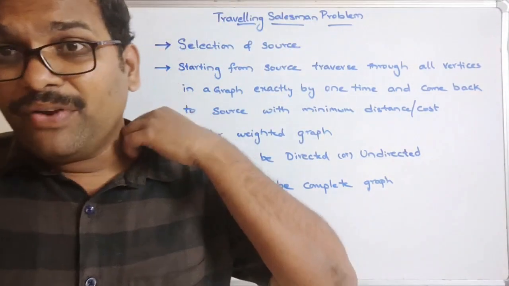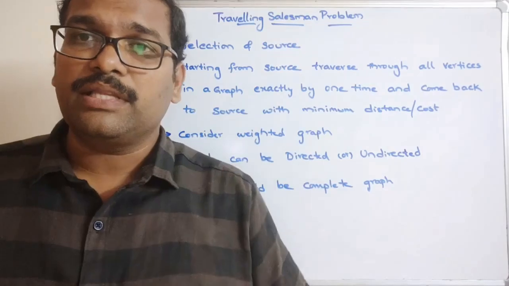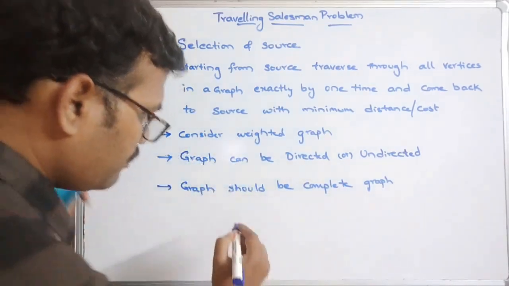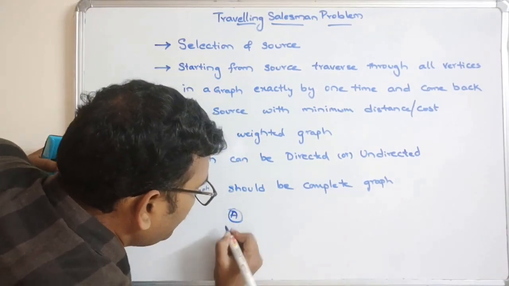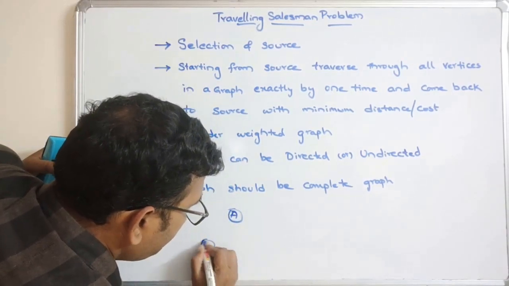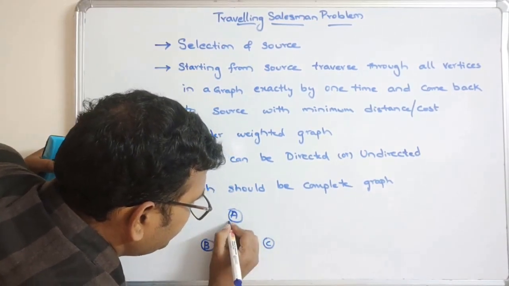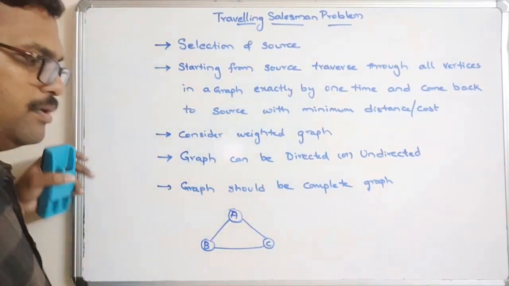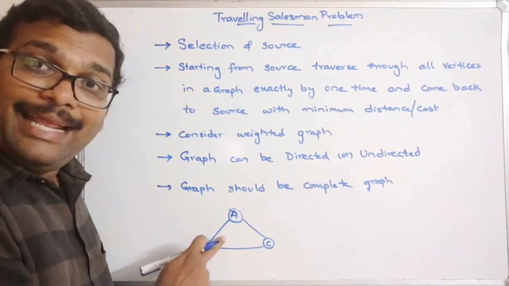So every vertex should have an edge to all other vertices. Okay, for example, consider A, B, and C. So this is an undirected graph.